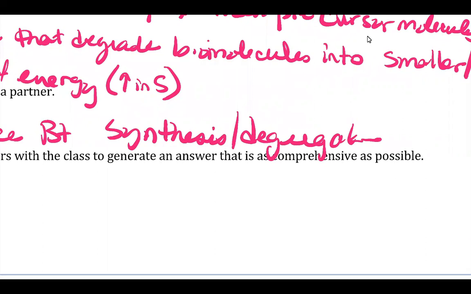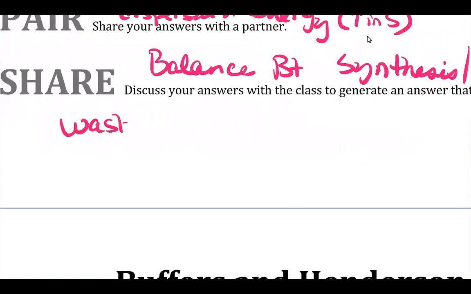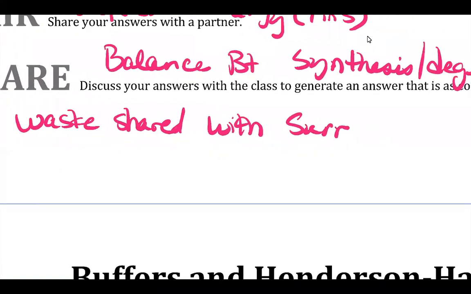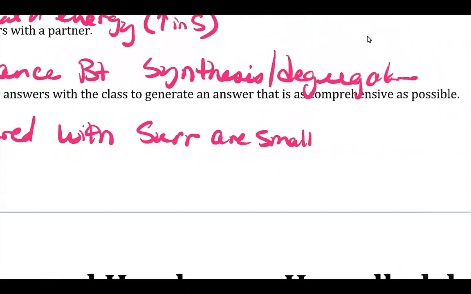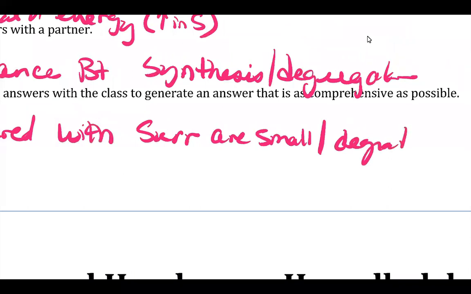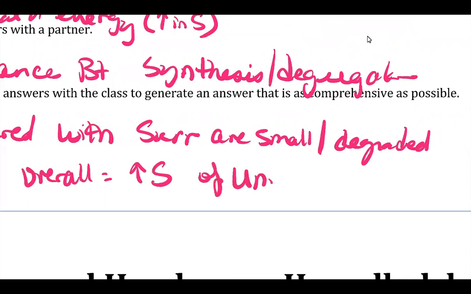And in the end, the waste products that we make, shared with our surroundings, are going to be very, very small and degraded. And so overall we'll get an increase in entropy of the universe.